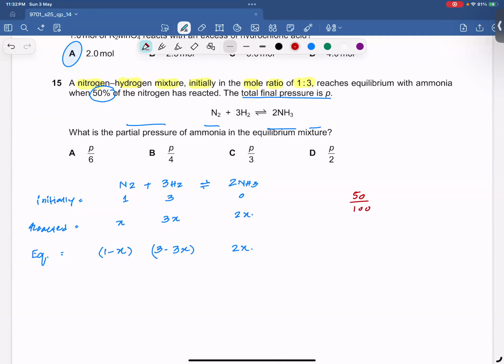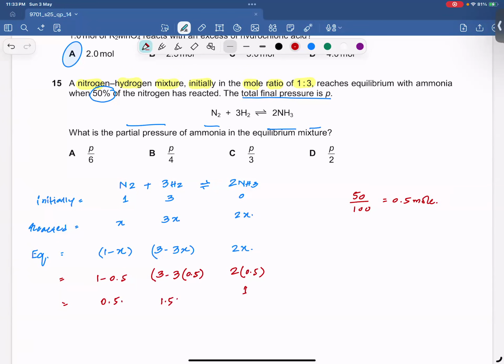So ये हो जाएगा 50% of this is going to be 0.5. So ये हो जाएगा 1 minus 0.5. ये हो जाएगा 3 minus 1.5. And this is 2 into 0.5, it's going to be 1. It's going to be 0.5. And it's going to be how much? 3 into 0.5, 1.5.